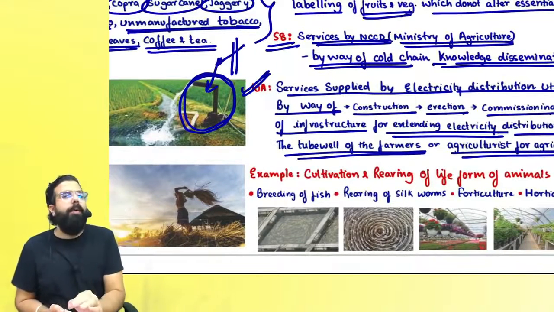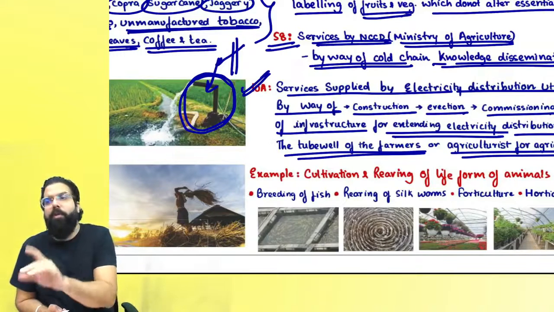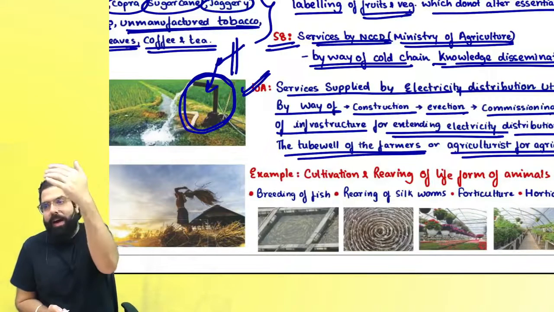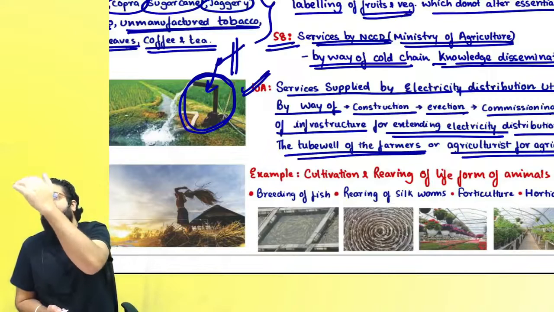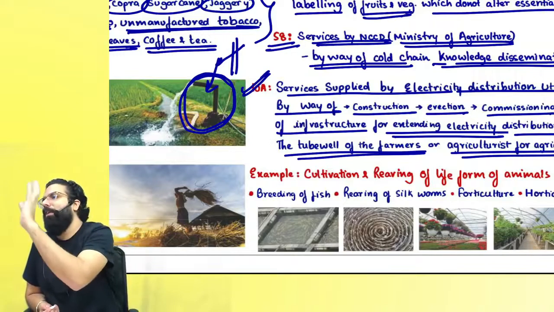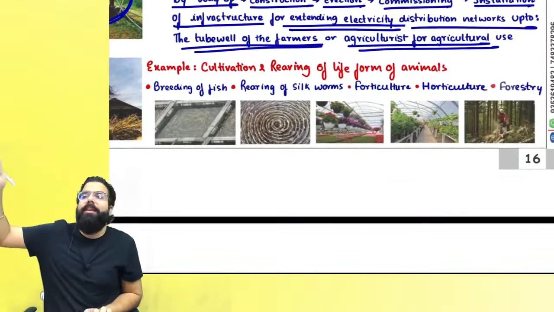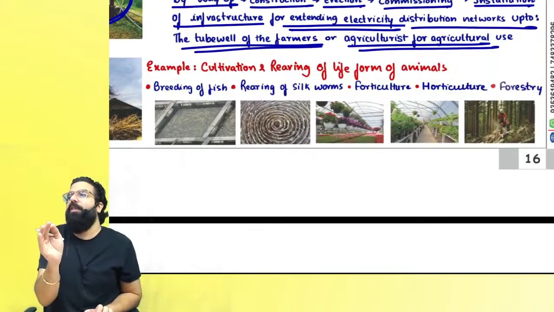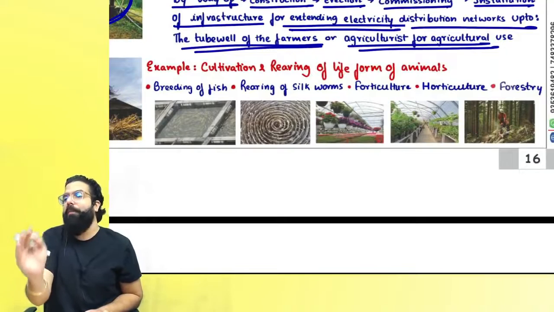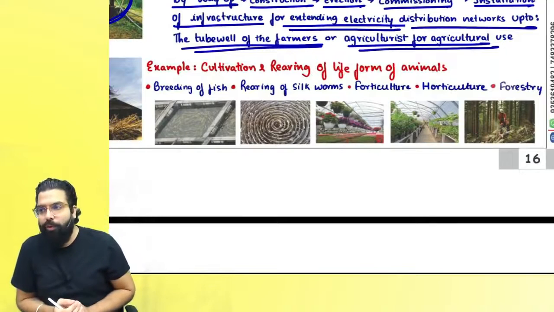Now, if they provide electricity, they will charge some amount for construction of the pole, wire, etc. For that amount there will be no GST, because they are extending the electricity distribution network up to the tube well of the farmer for the farmer's agricultural use.